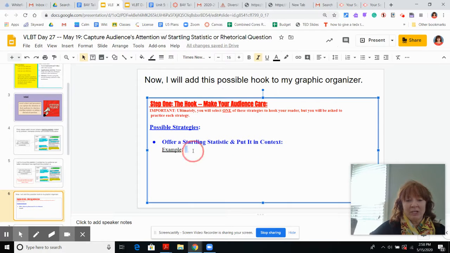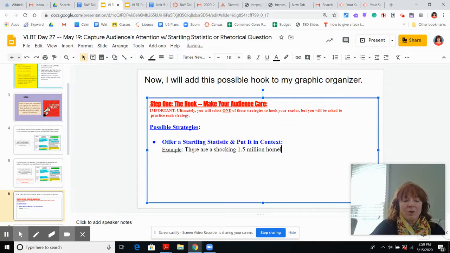So what I might write here is, there are, I don't want to say whopping, but there are a shocking 1.5 million homeless students in the United States between the ages of 6 and 18.